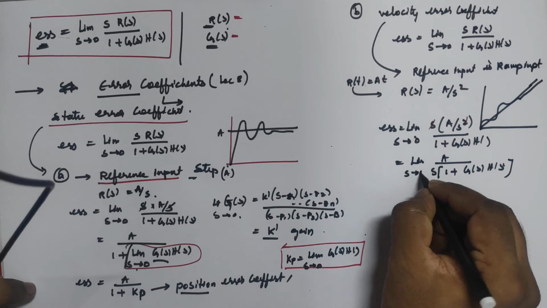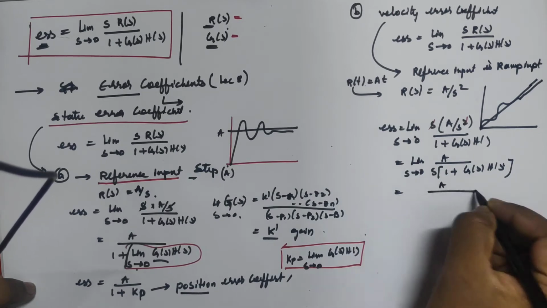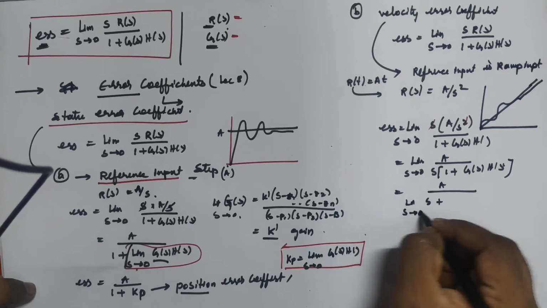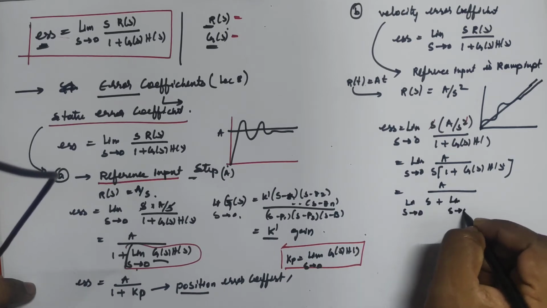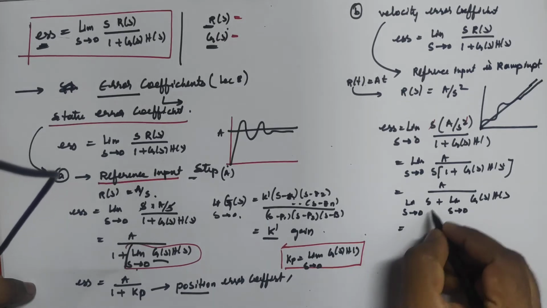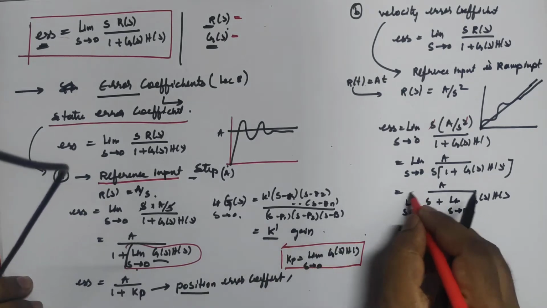Then s tends to 0. If the term s G(s)H(s) goes to 0, then the whole term becomes 0.